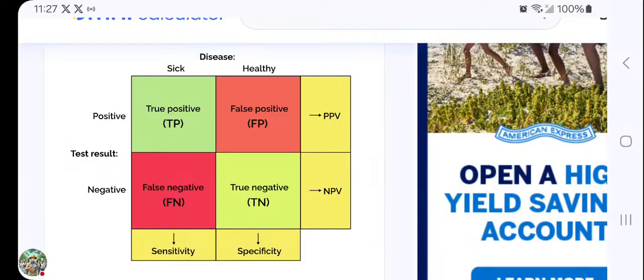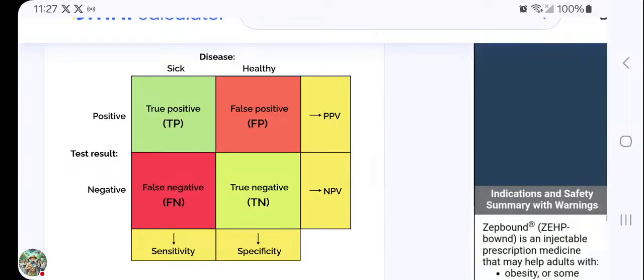Specificity equals true negative over true negative plus false positive, or cell number 4 over cell number 4 plus cell number 2. Okay? Talk about PPV.